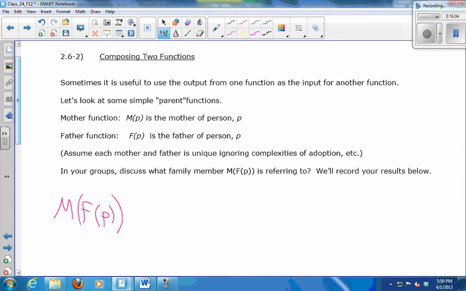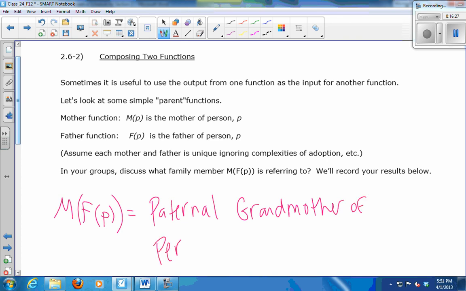It's the mother of the father of person P. So f of P is the father of person P, and then you take the mother of that person. So we have the mother of the father of person P. That would be the paternal grandmother of person P. So paternal grandmother just means grandmother on the father's side.